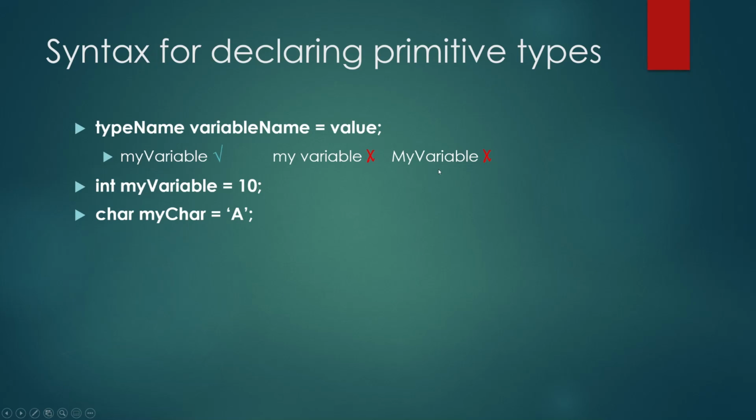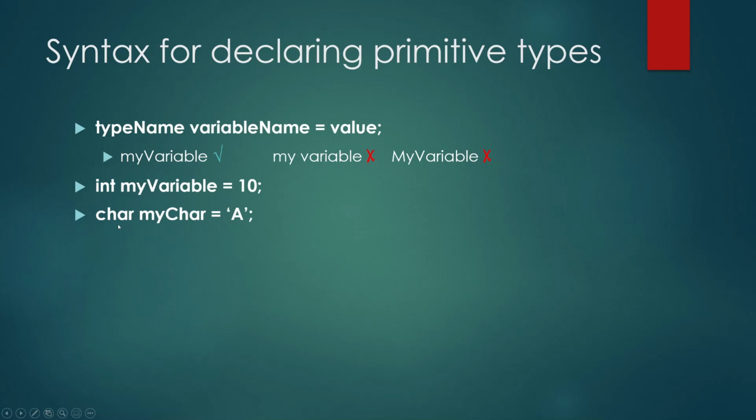So just to give you an example. Remember int, that's the type name, and this is my variable name, equal to 10. So we'll assign the 10 to the integer myVariable. And this is another example.